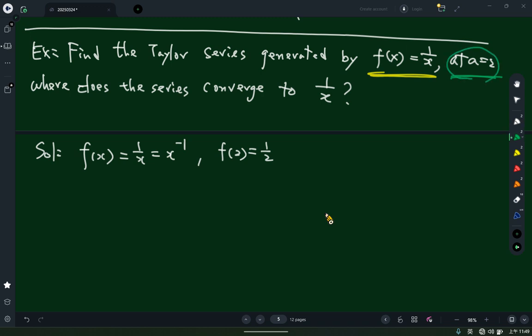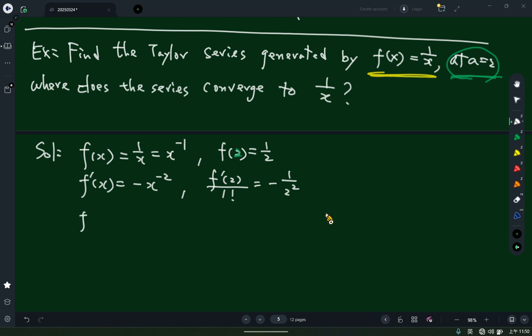That's why we use 2 as the input for f(x). Then f'(x) will be negative x to the power negative 2. So f'(2) over 1 factorial is negative 1 over 2 to the power 2.